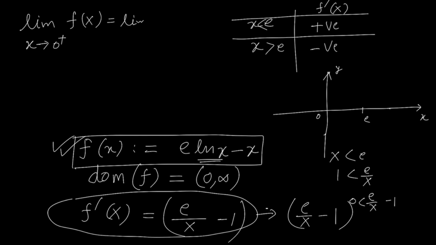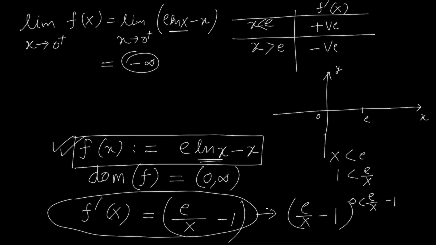So it will be the limit as x tends to 0 plus of e ln x minus x. When x approaches 0, ln x approaches minus infinity, so the first component approaches minus infinity and the second component approaches 0. So ultimately the limit will be negative.